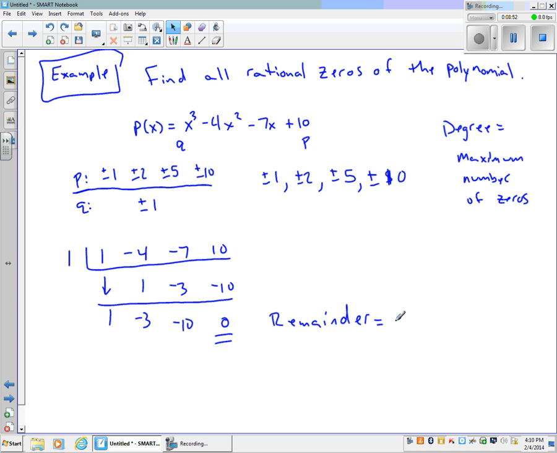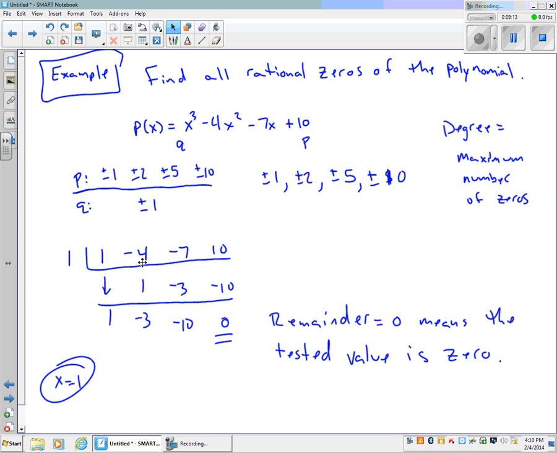So a remainder equal to 0 means the tested value is a 0. Okay, so we have a 0 at x equal 1. Now we don't want to go back and keep trying numbers.